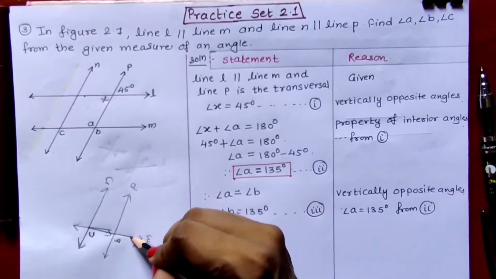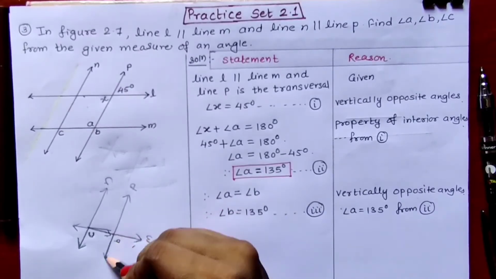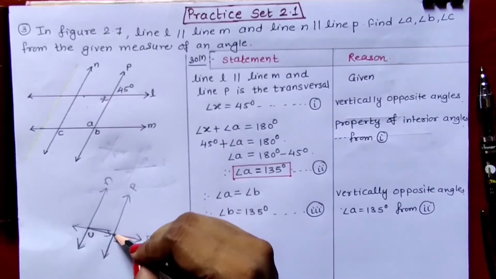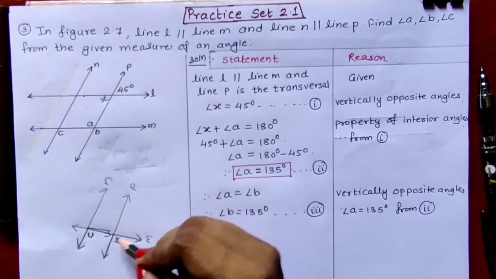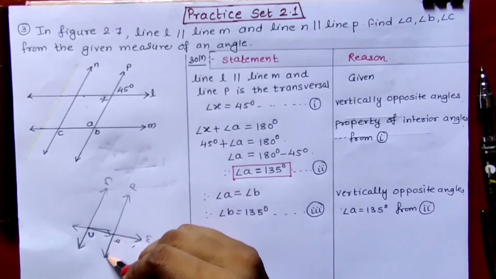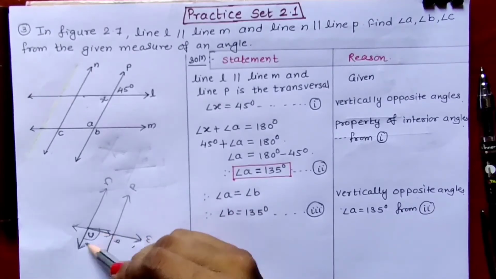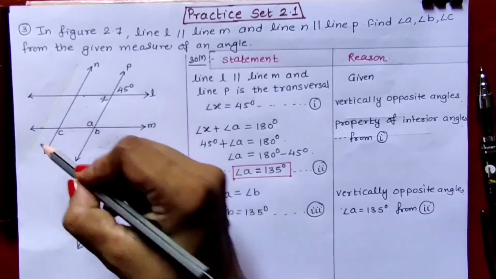B is also having one arm in the downward direction, other arm in the left hand side. So they are having both one arm in downward direction, one arm in the left hand side, and that's why they are corresponding angles of each other.